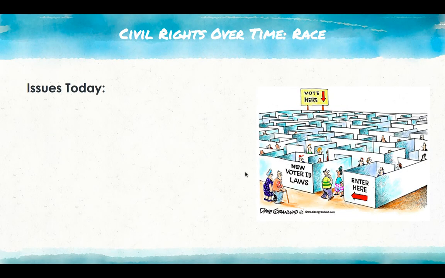Now, today, we do have a couple of issues still with civil rights. Obviously, policies are never going to be perfect. So today, we're seeing questions about voter ID laws, right, where you are required to present a form of identification to vote. And that sounds pretty basic up front, but what you have to consider are both sides.